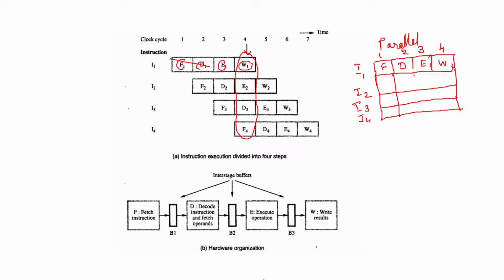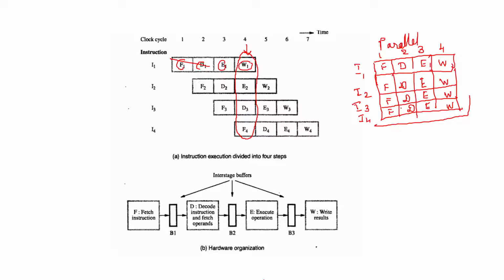To execute parallel processing, if you want to execute 4 instructions parallelly, you need that many hardware units. You need 4 hardware units for fetch, 4 different hardware units for decode, 4 different hardware units for execute. So in parallel processing, all the 4 instructions will be executed parallelly.